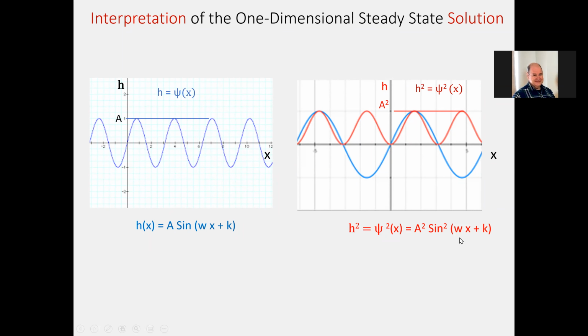But this red wave has no negative values. This red wave looks much more like a probability distribution. And that was Born's great insight. With some manipulation, in order to make this wave changing value be a probability, the whole thing has to add up to 1 because it's got to be someplace.